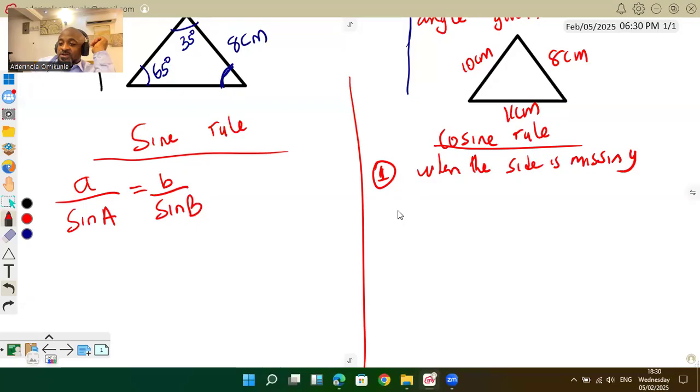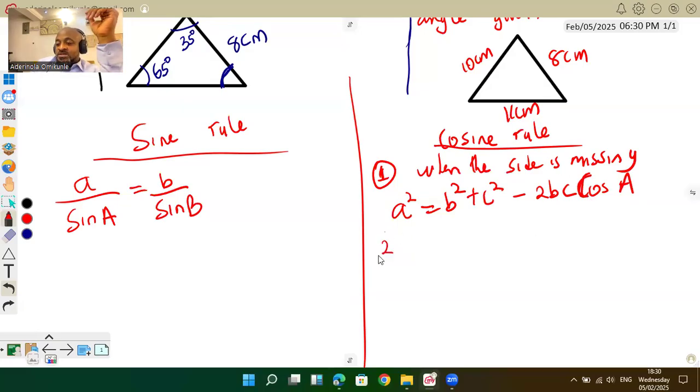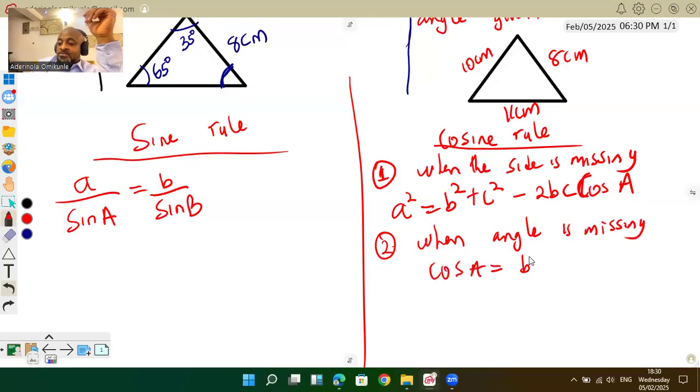So the formula for that one is a squared is b squared plus c squared minus 2bc cos A. And then the other one, when the angle is missing, or when you're looking for the angle, you just say cos A is equal to b squared plus c squared minus a squared all over 2bc.